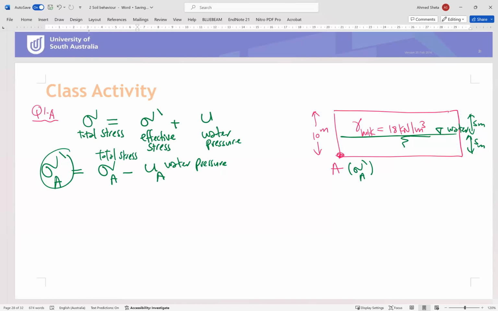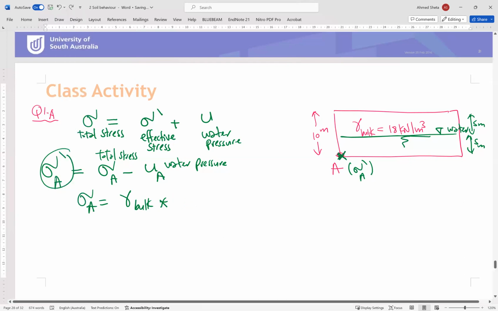And if we look here, what is sigma A? If you remember, the total stress sigma A at a point here will be equal to, can anyone help me? It will be gamma bulk soil, or gamma soil, times the height of soil, H soil. So the total stress will be gamma times H soil.